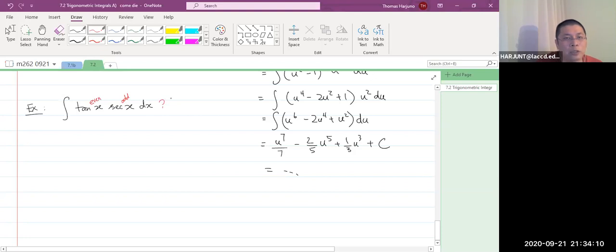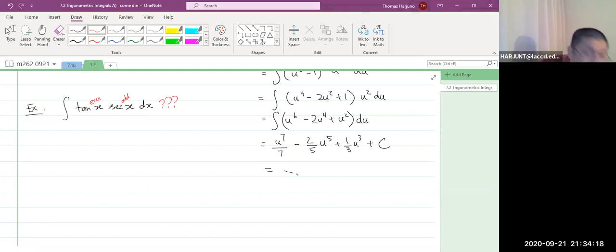How do we do this? That would be difficult. That would be difficult. But to prepare us for that kind of question, we need to develop some important integrals.